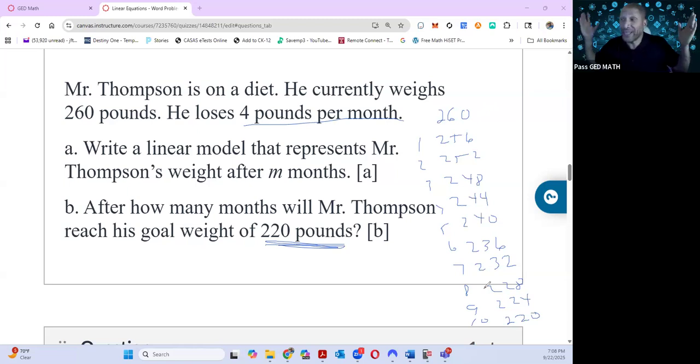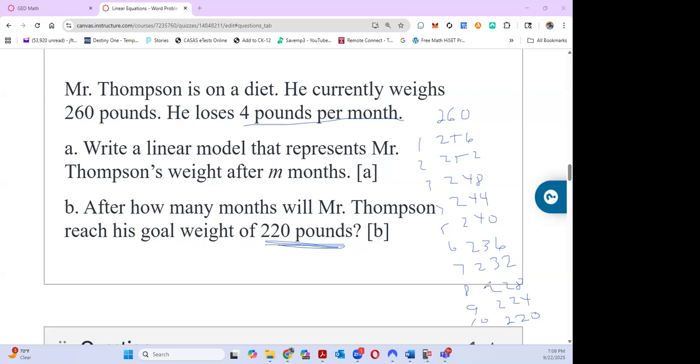I used not one ounce of algebra. Let me just subtract 4 until I get down to 220. How many times do I have to do that? 10. I got my answer. Did I use an ounce of algebra? Nope.